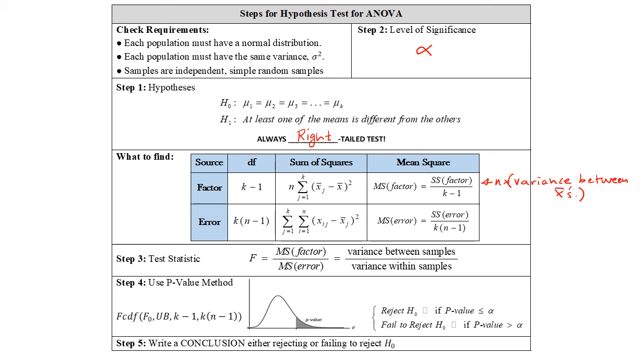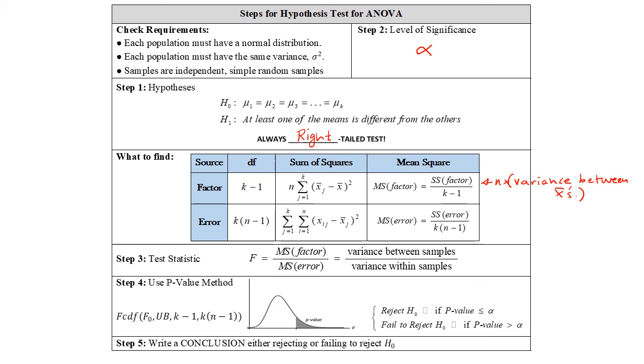What's going on in this one here? Well, this is looking at what they're calling the error. So we're summing up each of the data values from our samples minus the corresponding sample mean, squaring that, and summing. This is called the sum of the squares, or SS, for the error.